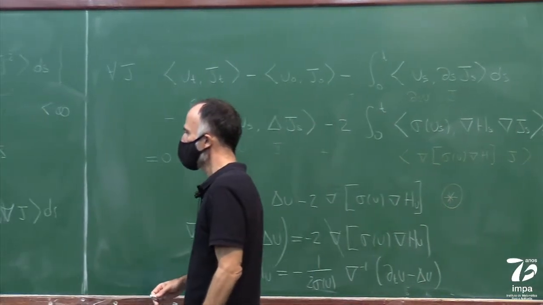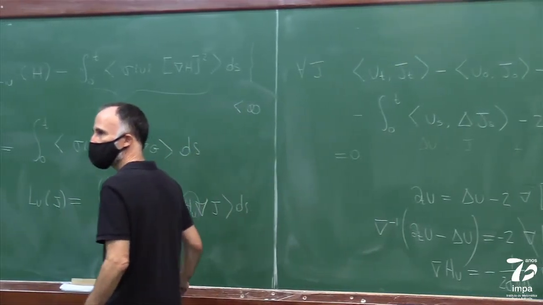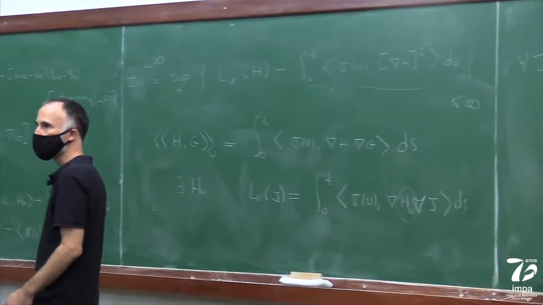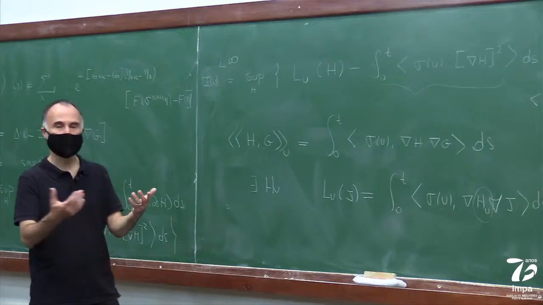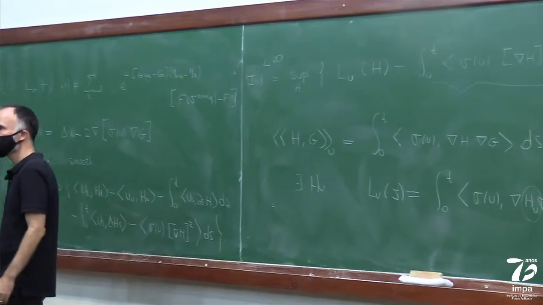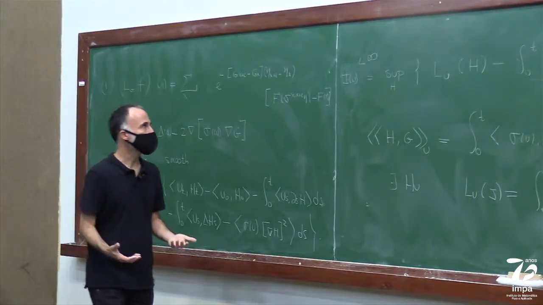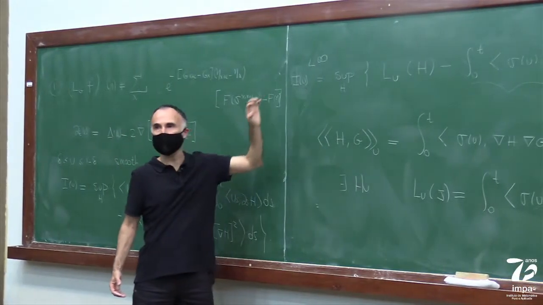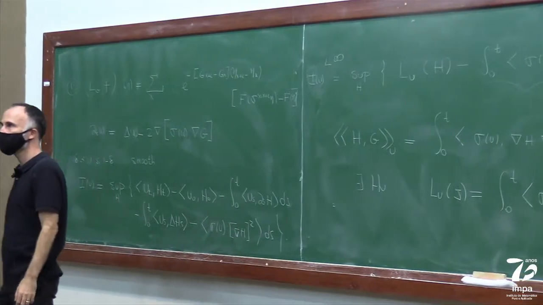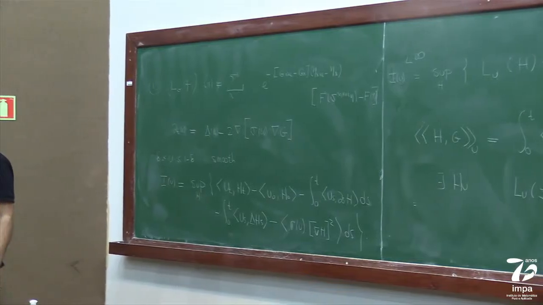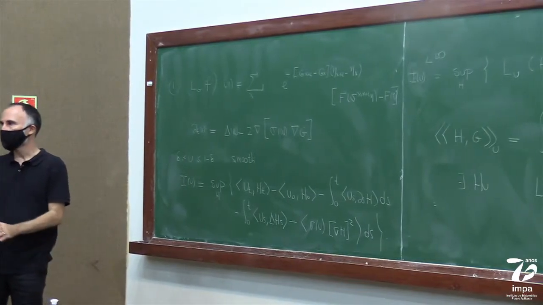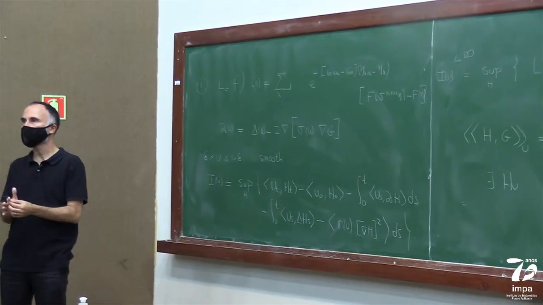Okay? So this type of argument will allow you to actually prove these formulas for general functions u, because you can extract information from the fact that the rate function is finite. Right? Other questions?